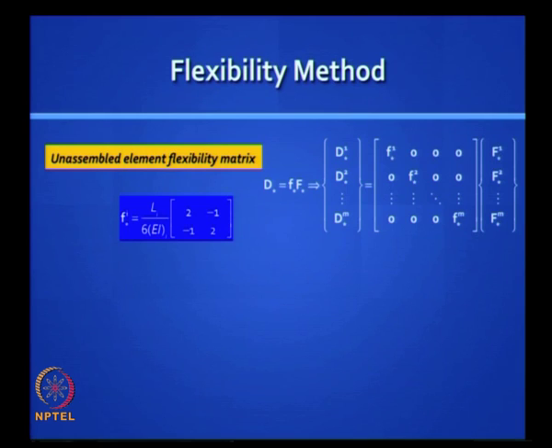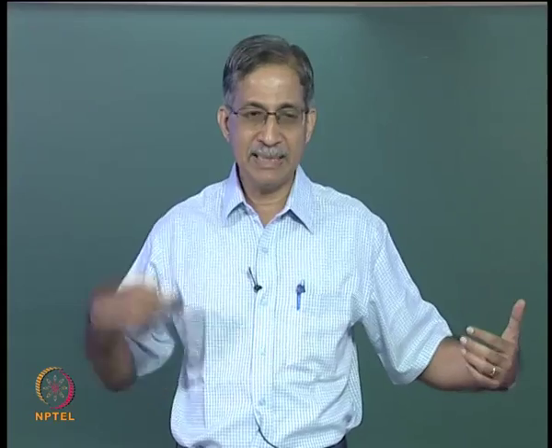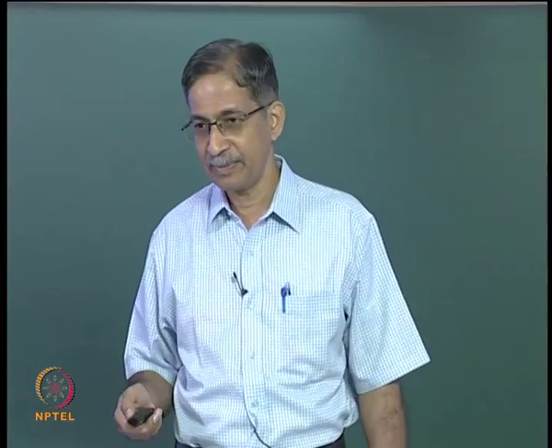Okay, so the F star matrix for the beam, the continuous beam, will be a diagonal matrix, right, because it is an unassembled matrix, and each of those elements in that diagonal matrix will actually have a size of 2 by 2 because you have 2 degrees of freedom, and Fi star is given by L by 3EI, L by 6EI, L by 6EI, L by 3EI. This part is very clear.